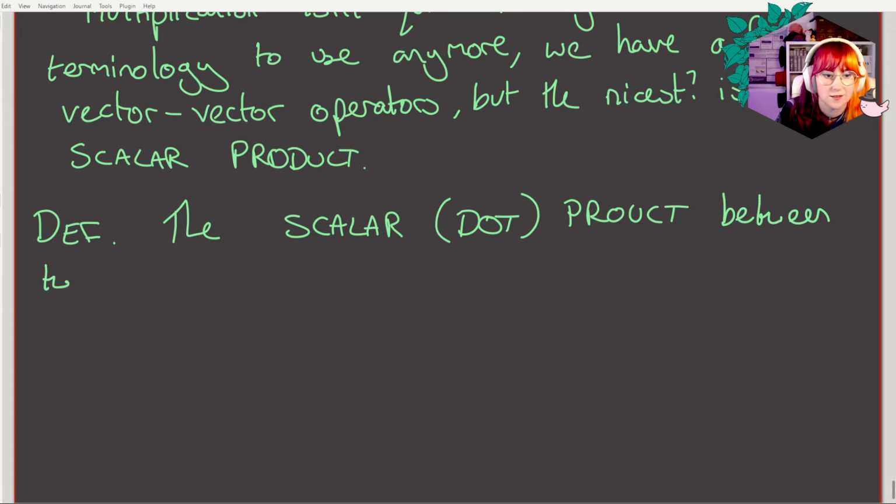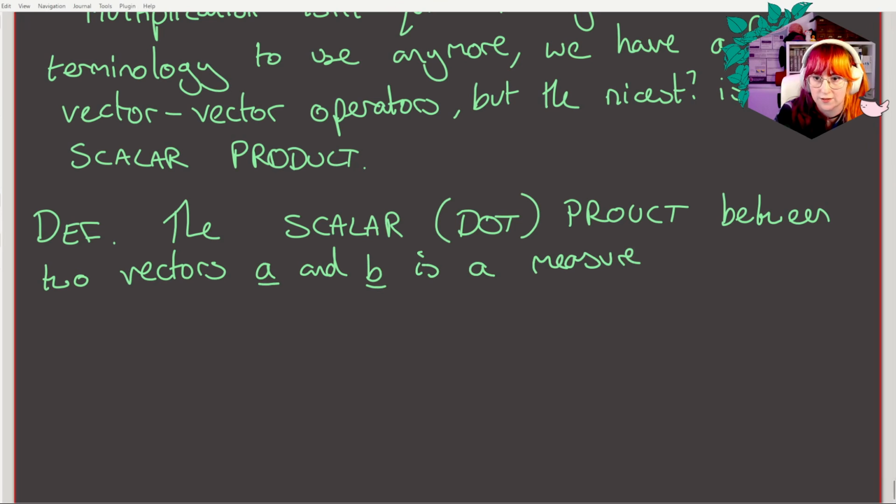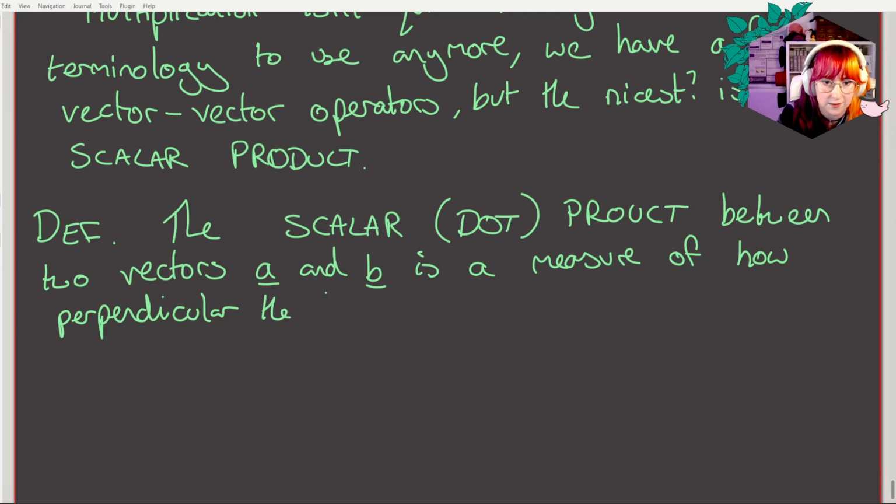The dot product between two vectors, A and B, is a measure of how perpendicular the two vectors are to each other.